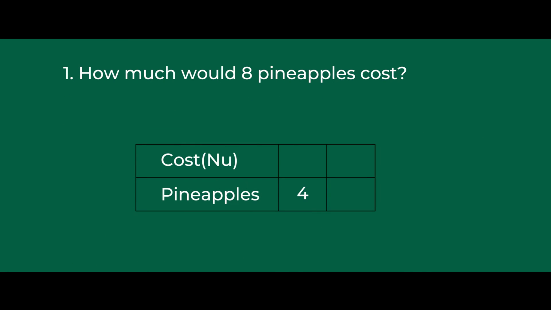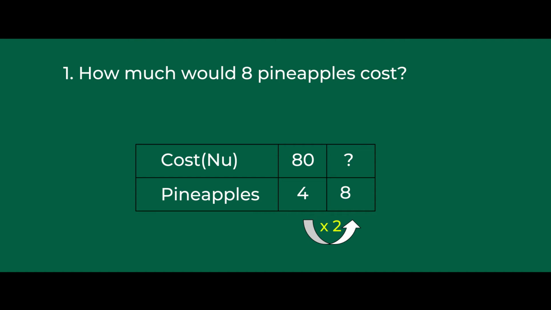Cost of 4 pineapples, so it is Newton 80, and for Newton 80 we get 4 pineapples. Now to buy 8 pineapples, how much do we have to pay? Now we already know the number of pineapples which we are going to buy. So 4 how many times is 8? Yes, 4 times 2 is 8.